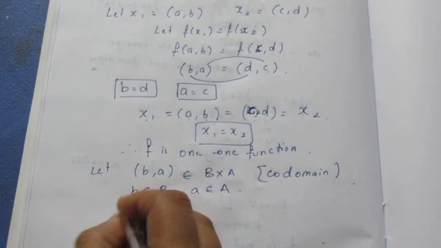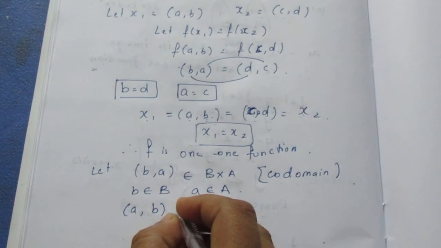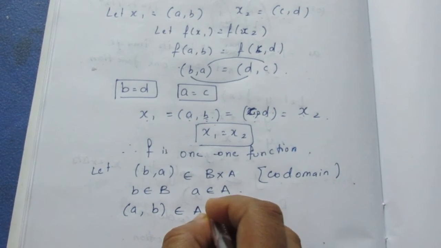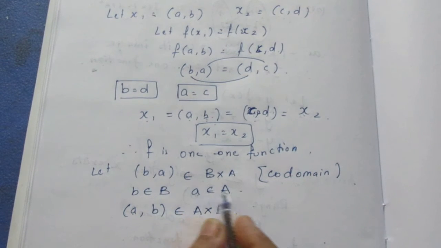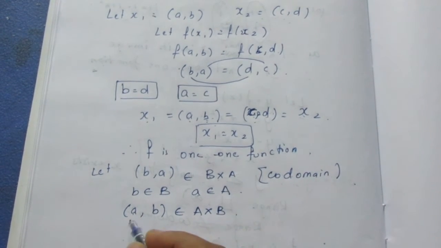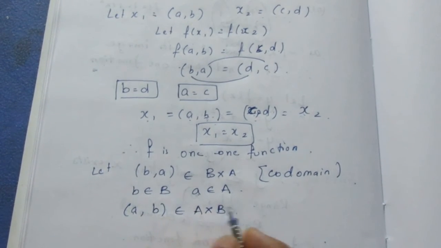So if I take (a, b), then it belongs to A cross B, because small a belongs to capital A, and same way small b belongs to capital B.